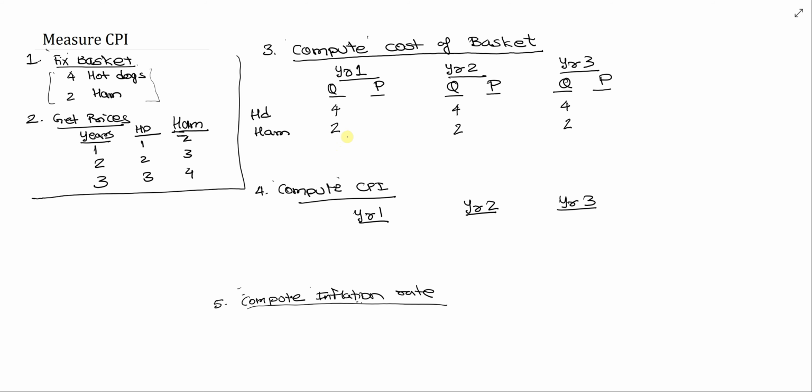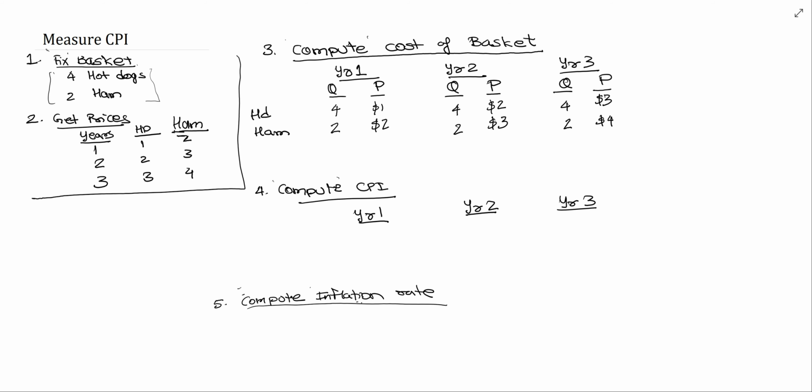And we are going to track the cost of this basket across the 3 years. In year 1, hot dogs are $1 and hamburgers are $2. In year 2, hot dogs are $2 and hamburgers are $3, keeping the numbers simple. And in year 3, hot dogs are $3 each and hamburgers are $4 each.